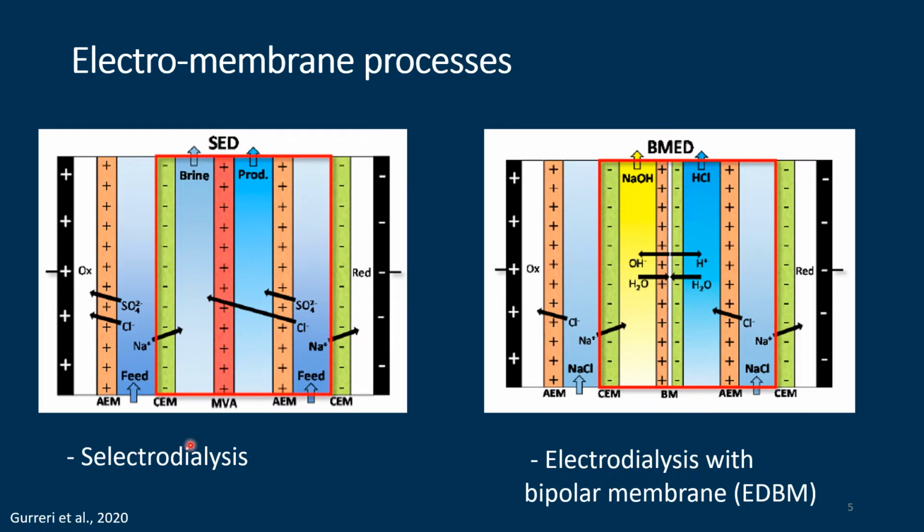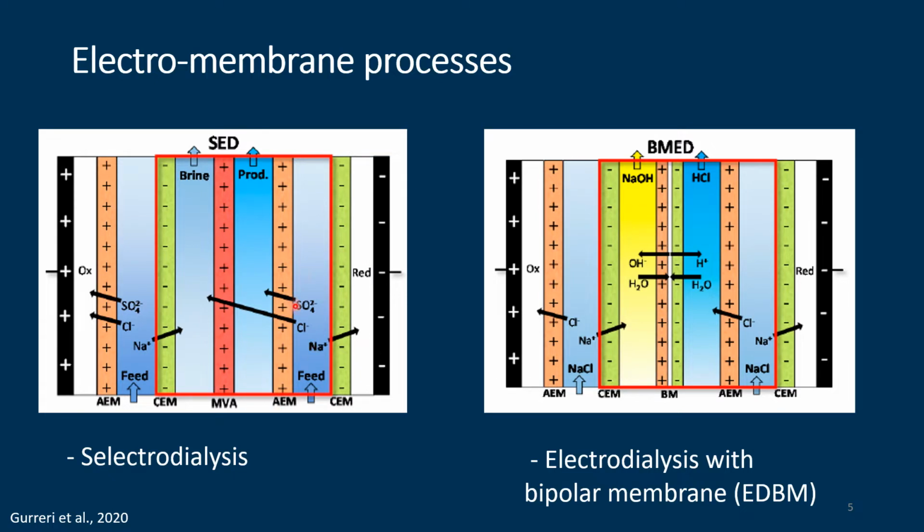And also we have selectrodialysis. The difference is that selectrodialysis utilizes a slightly different membrane structure, whereas typically electrodialysis uses anionic and cationic membranes. In selectrodialysis, we use a monovalent anion exchange membrane, and we can let different anions pass through.